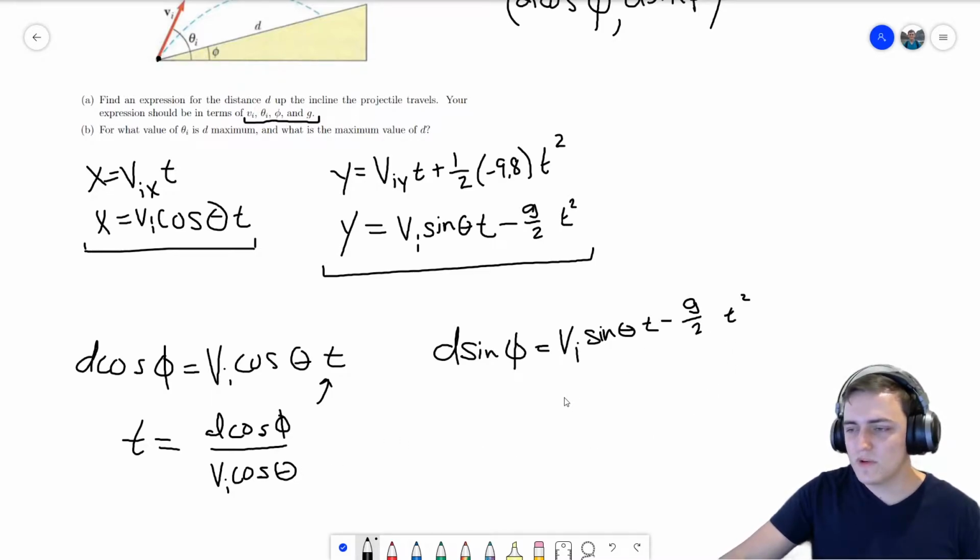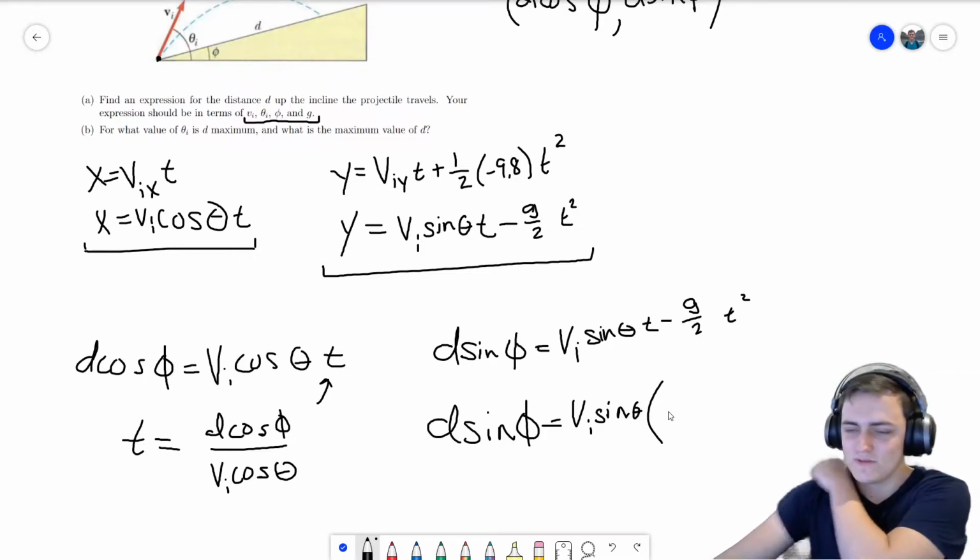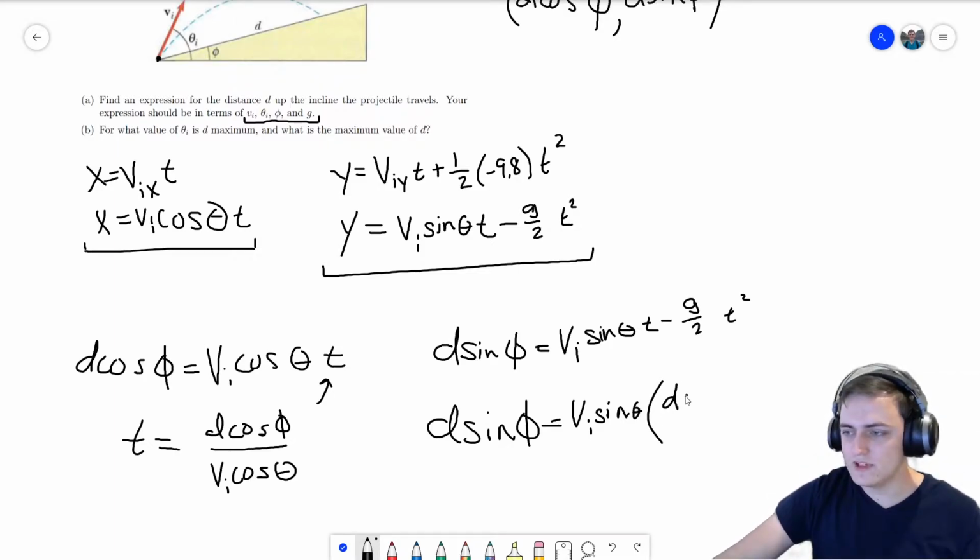And we can take that expression for time and plug it into this other equation. So we have d sine phi equals v initial sine theta, and now we're going to plug in this expression for time, d cosine phi over v initial cosine theta.